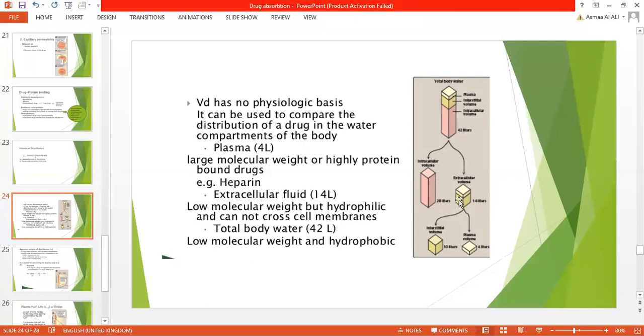The extracellular volume of 14 liters is subdivided into plasma volume of about 4 liters and interstitial volume of 10 liters. All of this is in an individual of 70 kilograms.